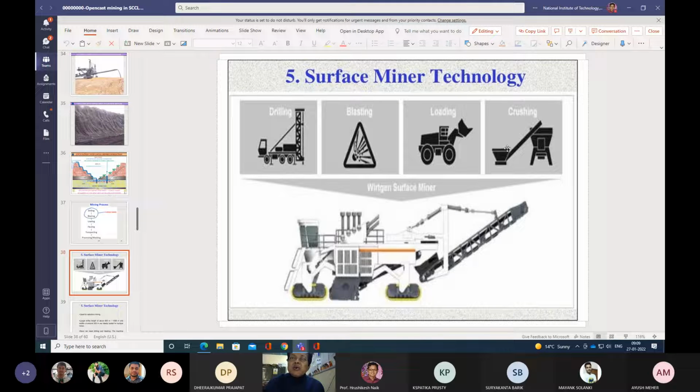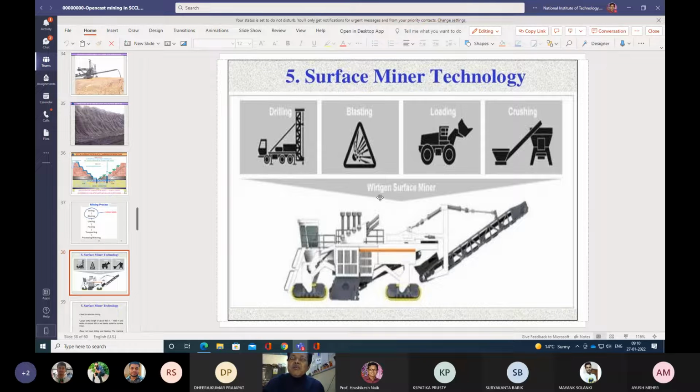Crushed material will be produced, no boulders will be produced. Therefore, there is no crushing, there is no loading, there is no blasting, there is no drilling. You got the point? Surface miner technology is a technology where you can totally eliminate the drilling, blasting, loading, and crushing operations.